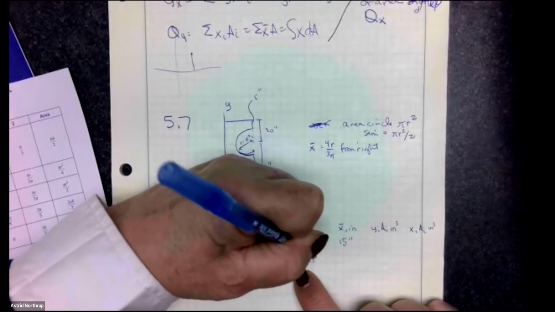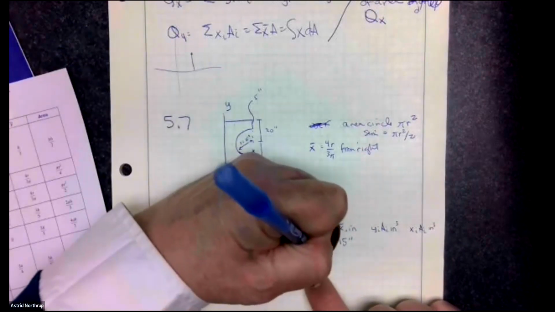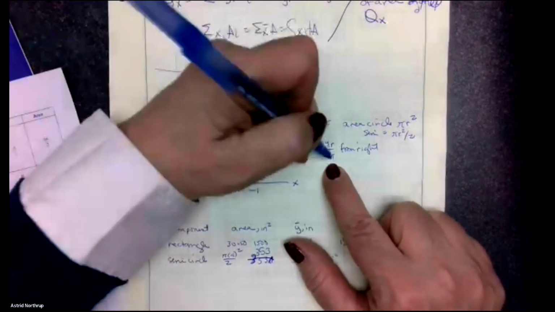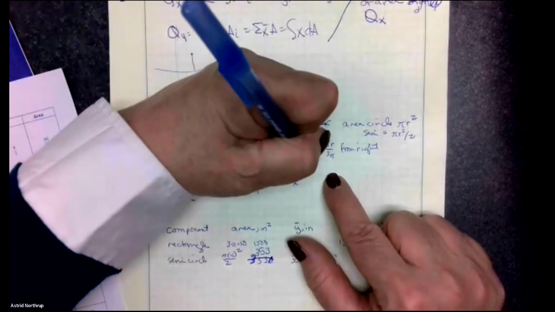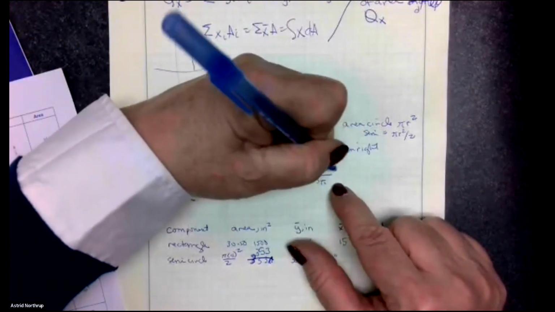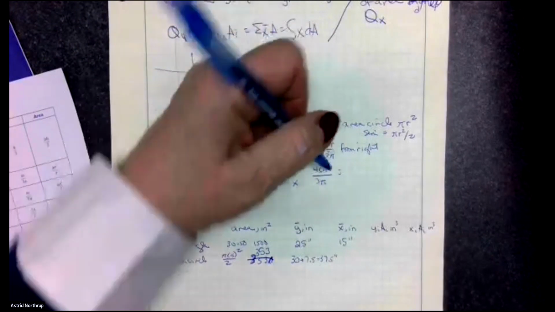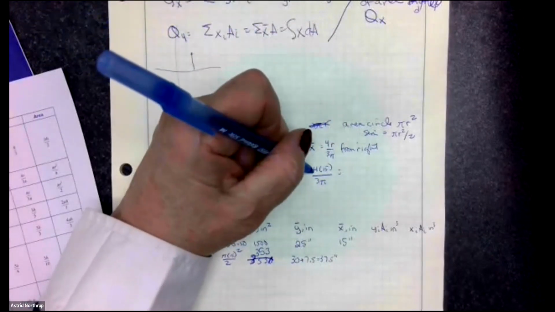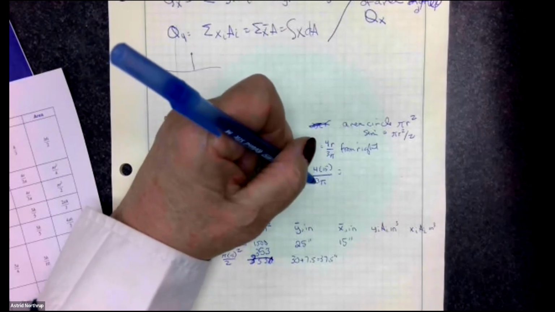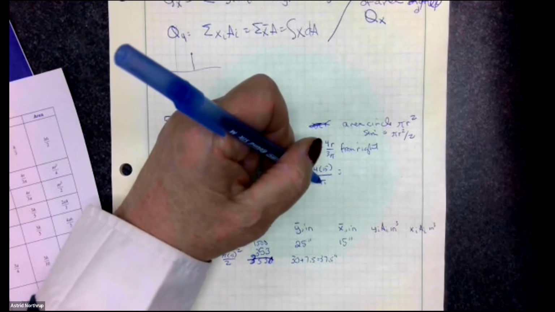So 37.5 inches. Okay, so for this, 4r over 3 pi from the right, 4 times 15 divided by 3 pi, which is 60 divided by 3, that's 20, and then divided again by pi.